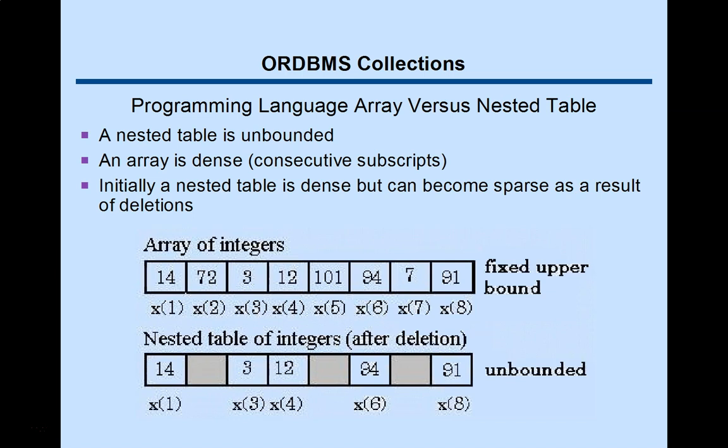But what we want to point out from the figure is the sparse nature of the nested table. Here, the nested table has only 5 of the slots currently populated. These other slots have not been assigned values. This is not the same as having a slot that has been allocated and then emptied. The slot actually has not been initialized.